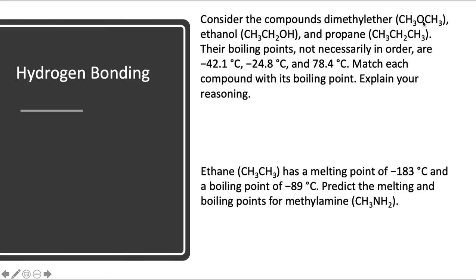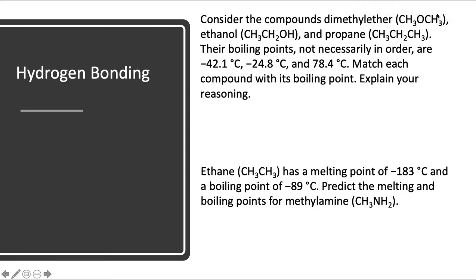As you can see, because this oxygen is bonded to the two carbons, I cannot form a hydrogen bond with this oxygen. The only way to do that is if the oxygen has at least one bond directly with a hydrogen. So in this molecule, I have hydrogen bonding because this oxygen is bonded to one carbon on one side, but it's bonded directly to the hydrogen over here.